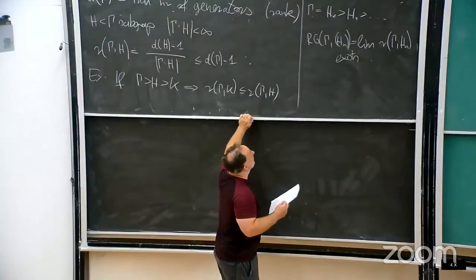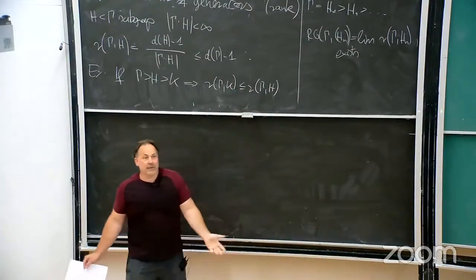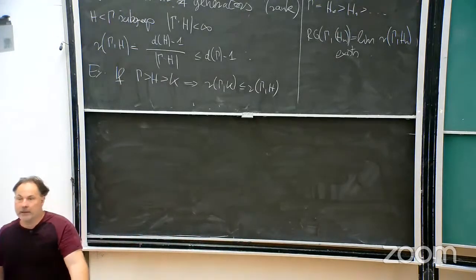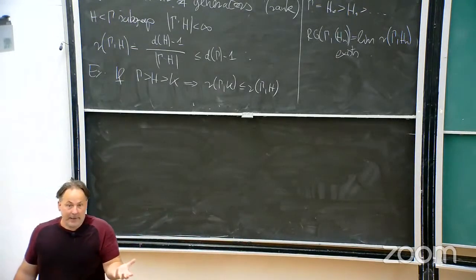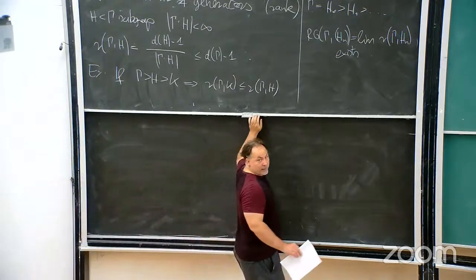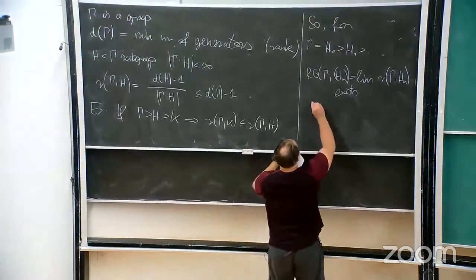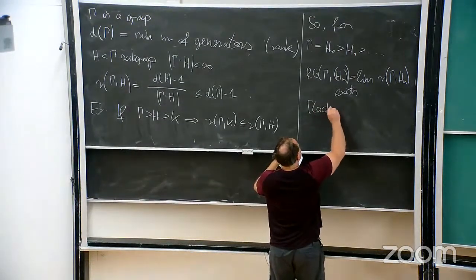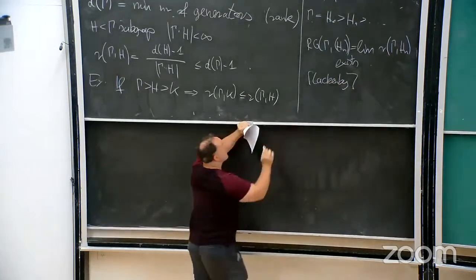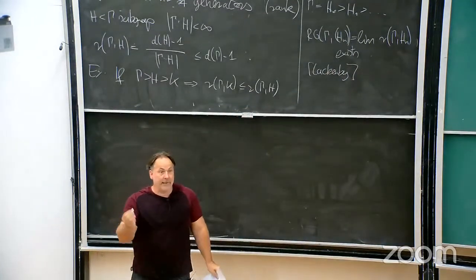So perhaps the first question that one would ask, okay, so you get an invariant for this chain of subgroups: does the limit, the rank gradient, depend on the chain? This notion is due to Lackenby.